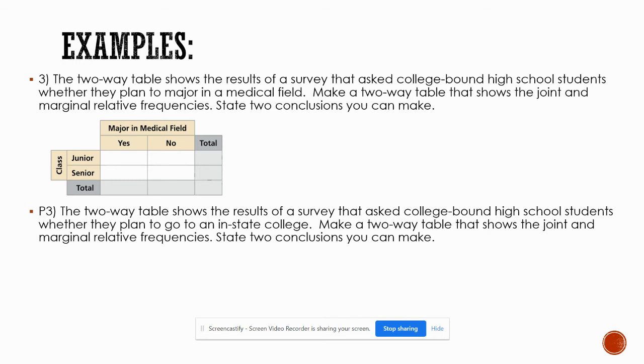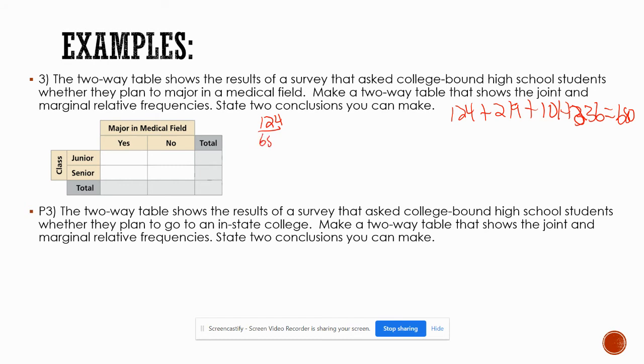So we have majoring in a medical field, two-way tables, and then on the one side we have the values filled in. So we know that it's 124 for the juniors and the yes, out of a total, well, we don't know the total yet, so 124 plus 219 plus 101 plus 236 gives us 680.